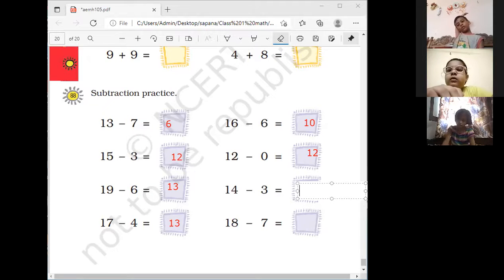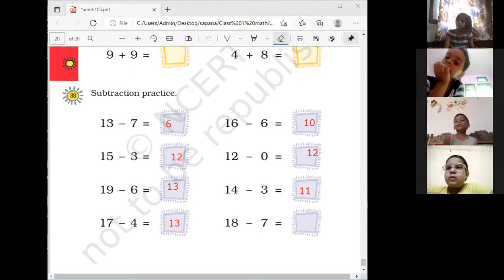Okay. Anvi, give me answer. Eleven. 14 minus 3 is equal to 11. Okay. Very good. Okay.